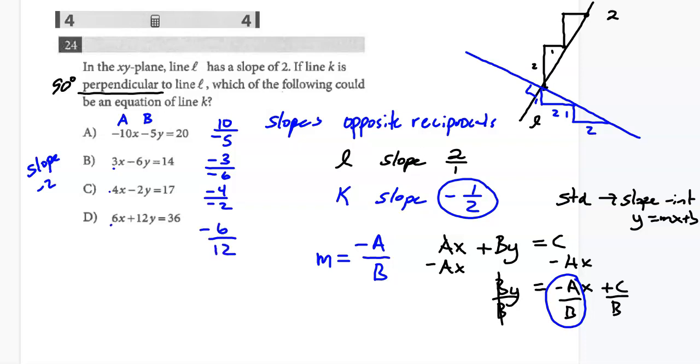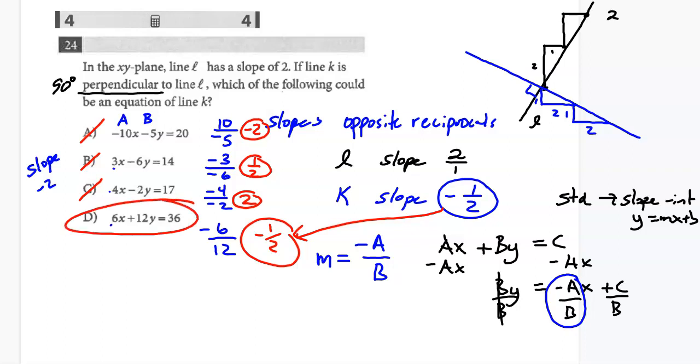And when I go through and break all those down, this top one would have a slope of negative 2, which doesn't work. This one would have a slope of 1/2, doesn't work. This one would have a slope of positive 2. That would be parallel because they're the same. And this is the one I'm looking for. That was the slope that we needed for K. So the correct answer here is D.